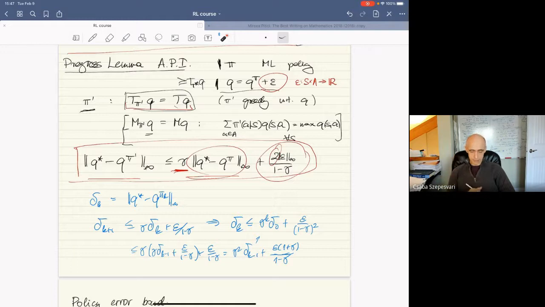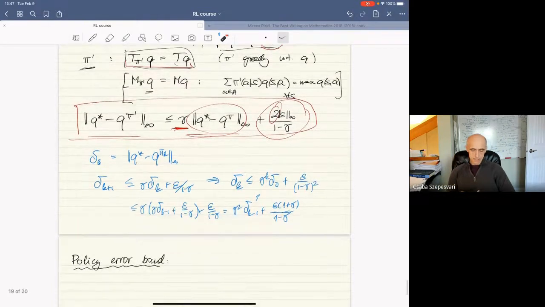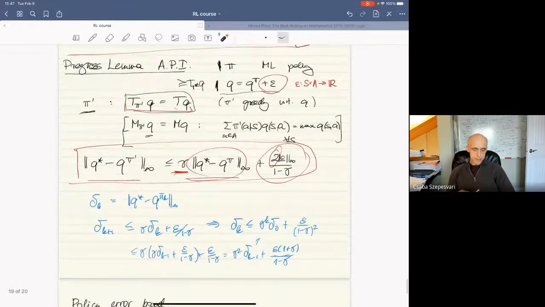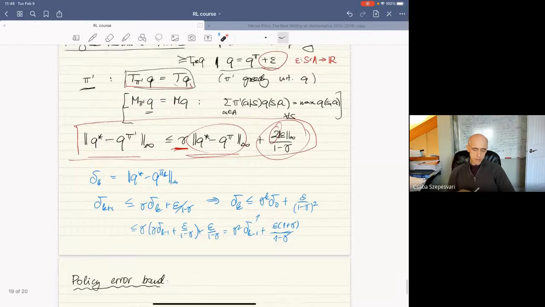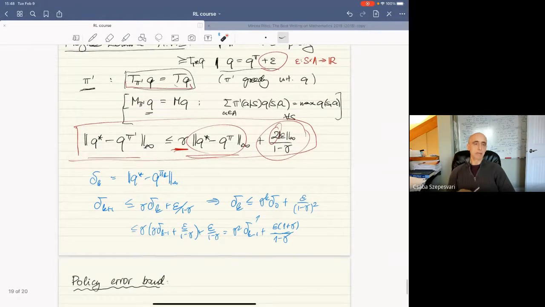Epsilon is again this error function. Then the question was, is it true, and to what extent is it true that you're making progress in terms of that the action value function of the next policy would be closer to the optimal action value function than the action value function of the previous policy was.